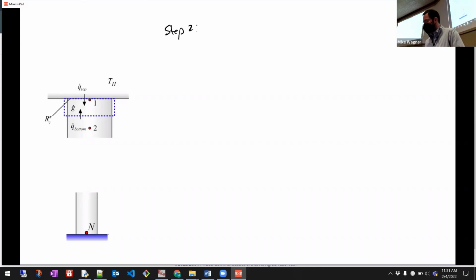Let's take this one here, node 1 to begin with. So here we have Q dot top plus Q dot bottom plus the generation is equal to 0, and that's for node 1.